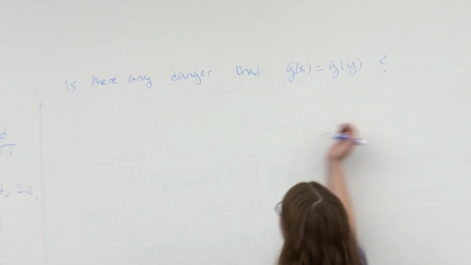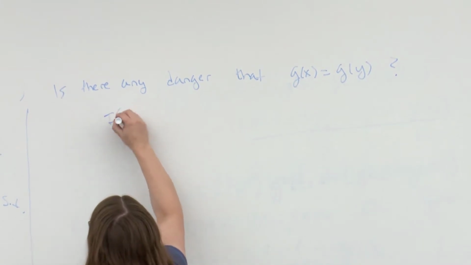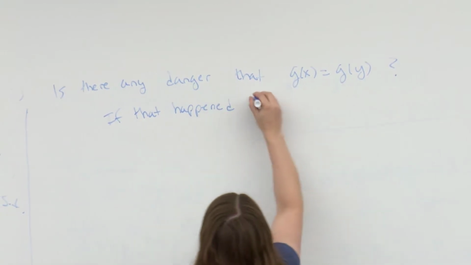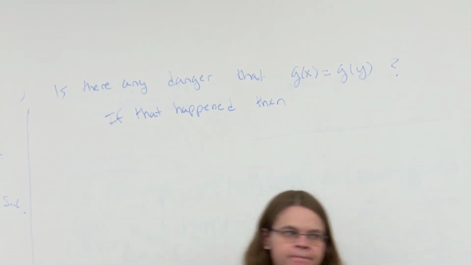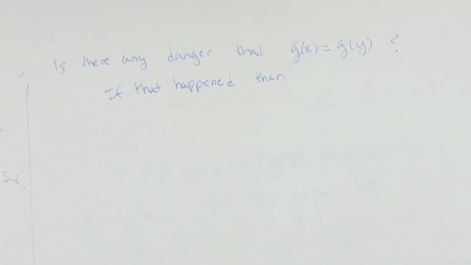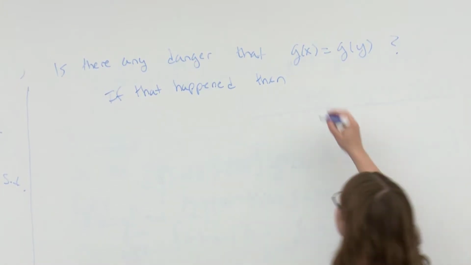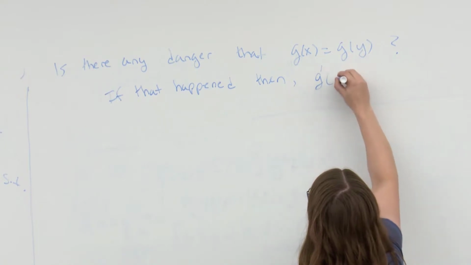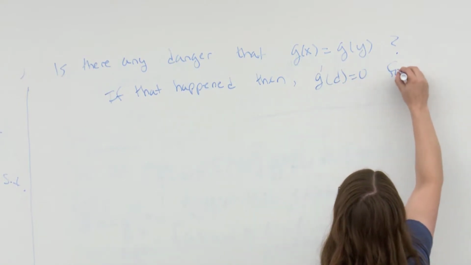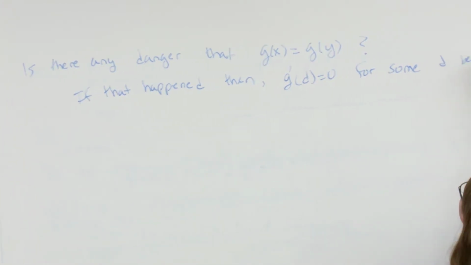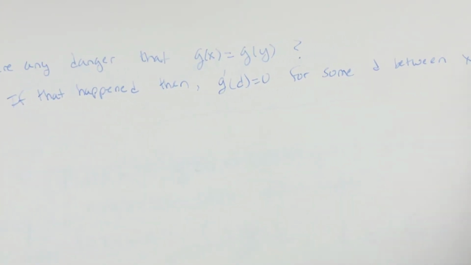So let's make an argument. If that happened, then by Rolle's theorem, we'd have a point in here where g prime was equal to 0. So then g prime of, say, d would equal 0 for some d between x and y.